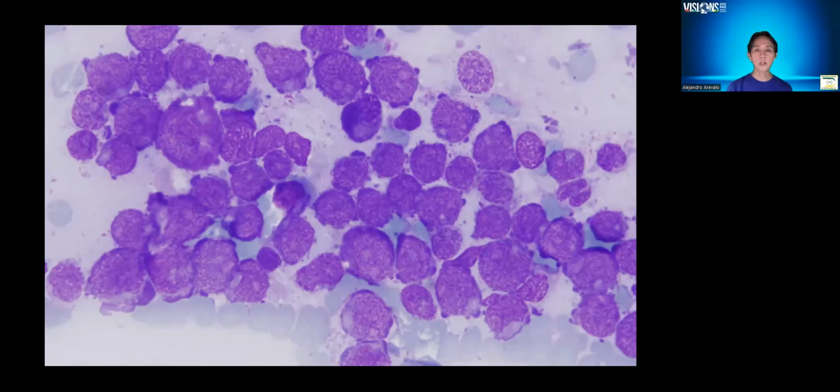Now, this is another case of leukemia, and as you can see, most of the cytoplasm appears to have bleb formation.